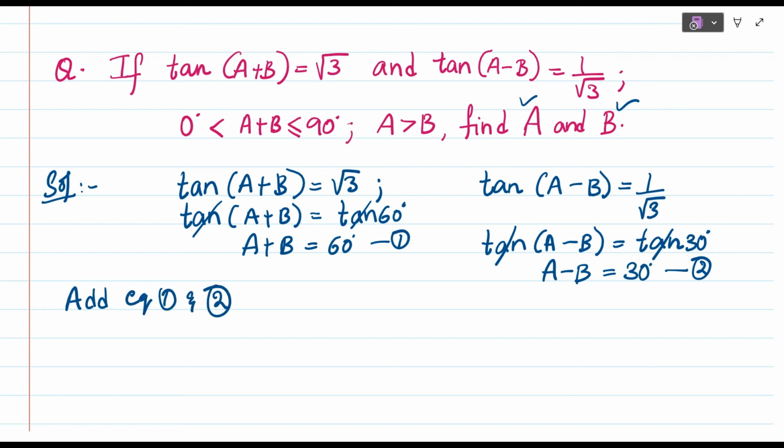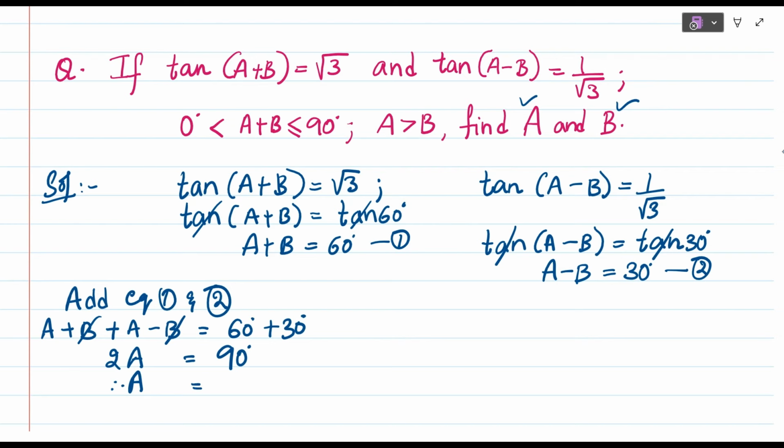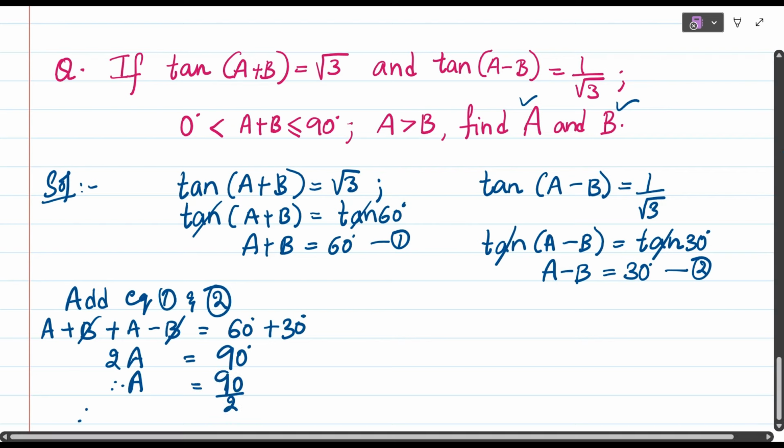Clear students? So how to add? A plus B plus A minus B will be equal to 60 degrees plus 30 degrees. Is it clear students? Now plus B and minus B value is 0. A plus A gives 2A, that is equal to 90 degrees. Okay. So therefore the value of A is equal to 90 divided by 2, that is equal to 45 degrees.